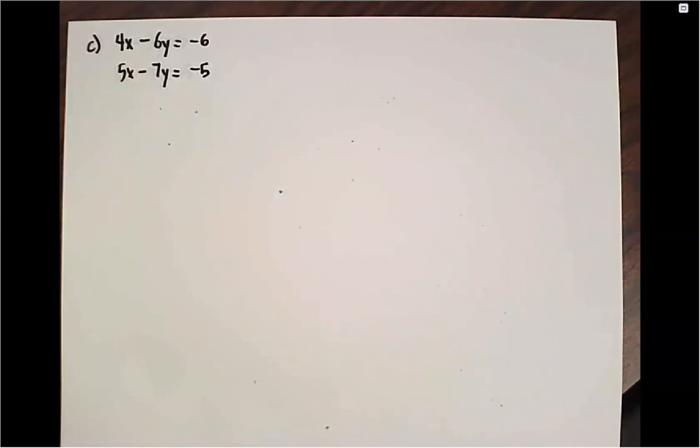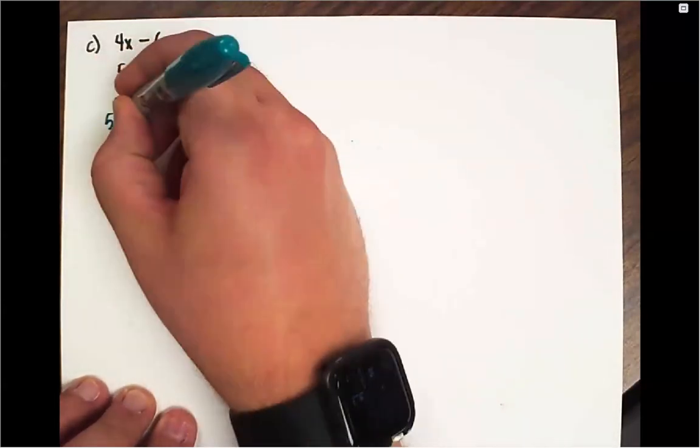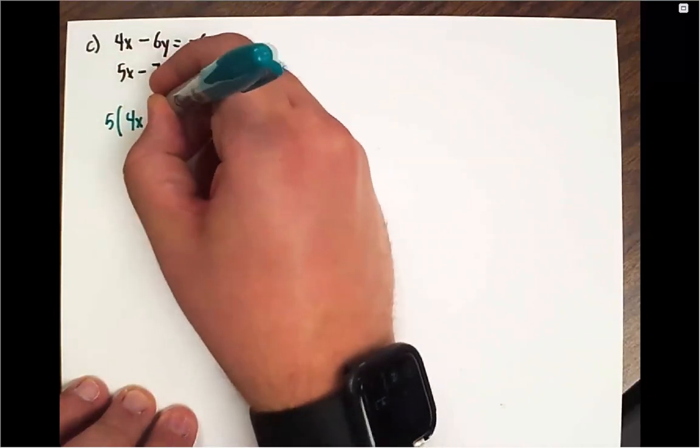So let's solve 4x minus 6y equals negative 6 and 5x minus 7y equals negative 5. So this time, both my x's are positive and both of my y's are negative. So when I figure out which one I want to get rid of, let's get rid of x this time. Okay? So I'm going to take whatever's in front of the x in the second equation, and I'm going to multiply it times the first equation.